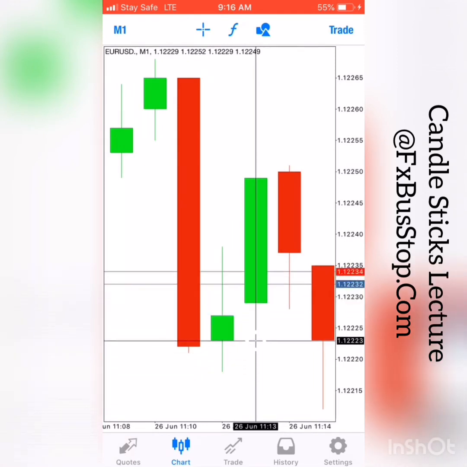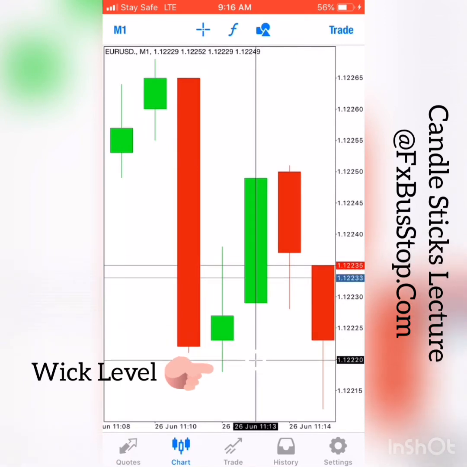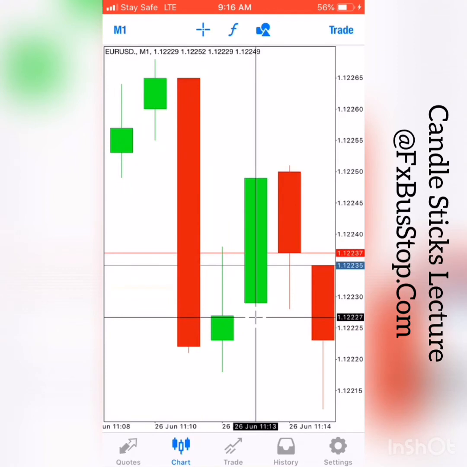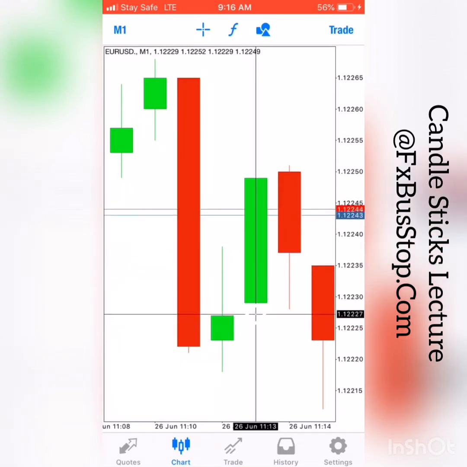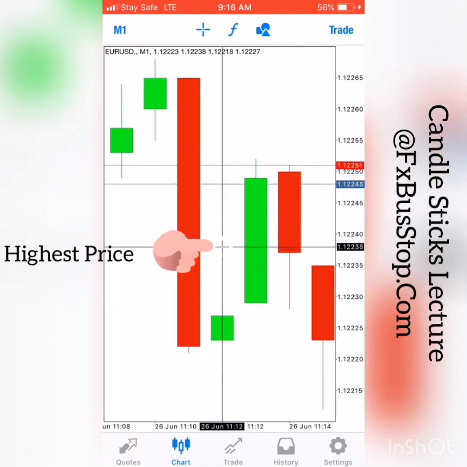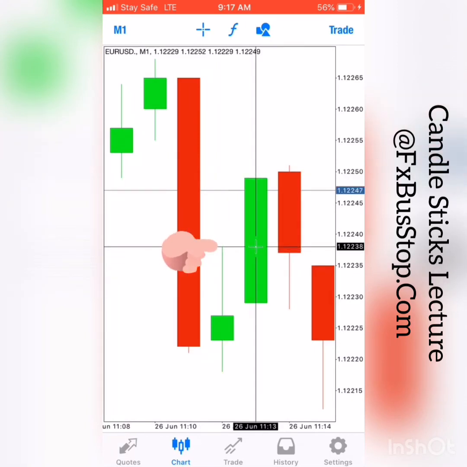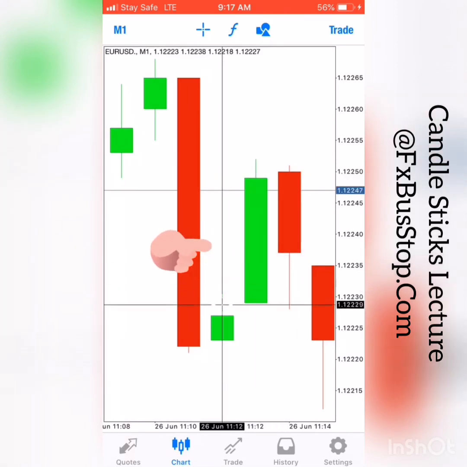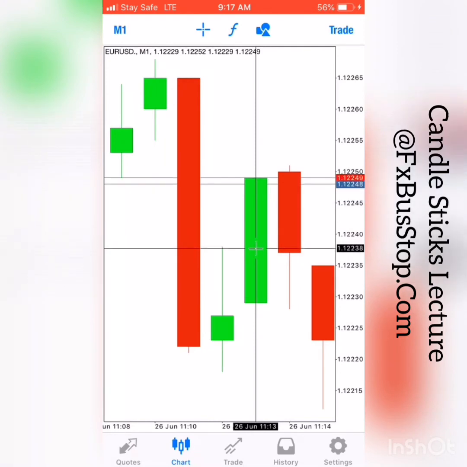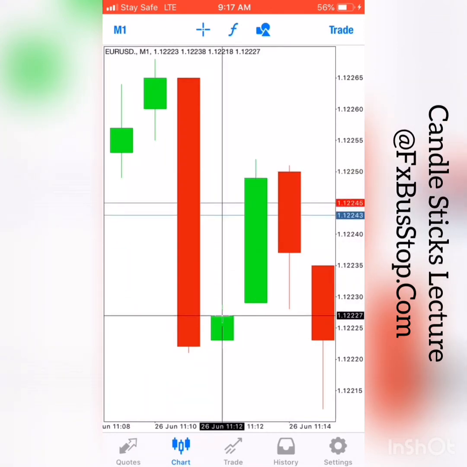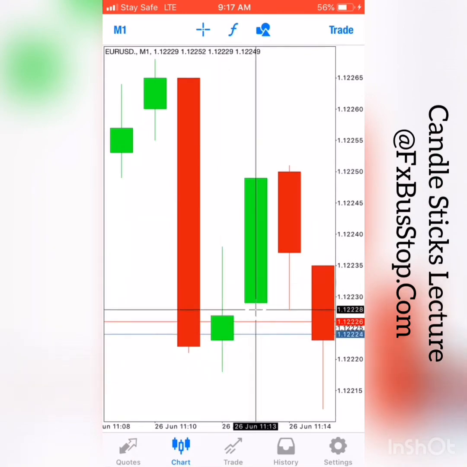By the wick, you know where it reached. Then it reversed up to this level, and then even higher up to this level. That's the highest point reached for this candle, 1.12238 or thereabout. After reaching this highest point, it withdrew down to this level before closing.